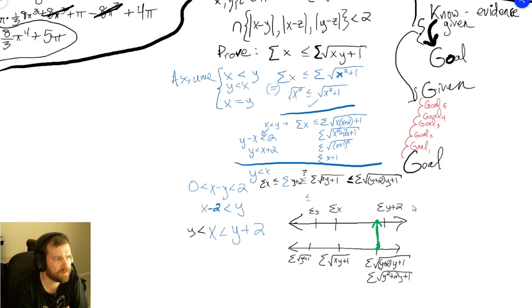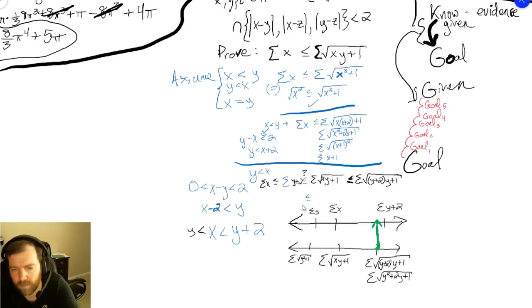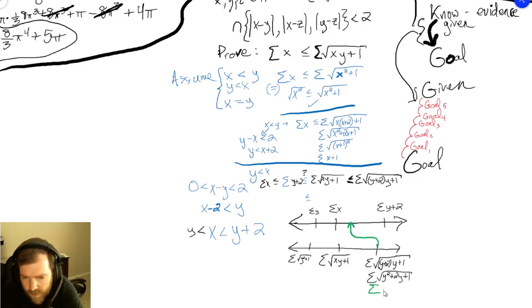Arithmetically speaking, this is going to be right in the middle here, because this is equivalent to the sum of the square root of (y plus 1) squared.